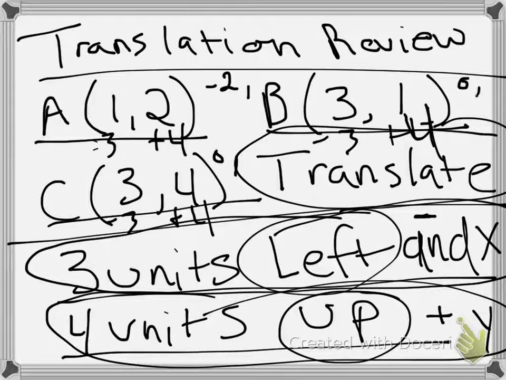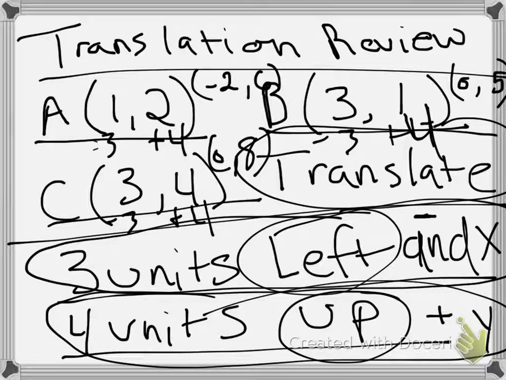So my new points have X values of negative 2, 0, and 0. Then I add 4. 2 and 4 is 6, 1 and 4 is 5, and 4 and 4 is 8.